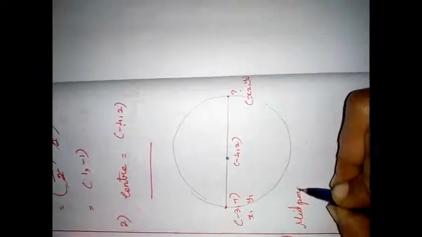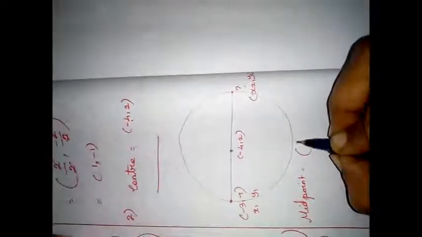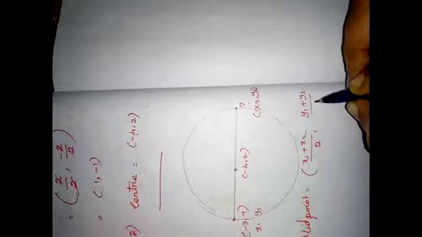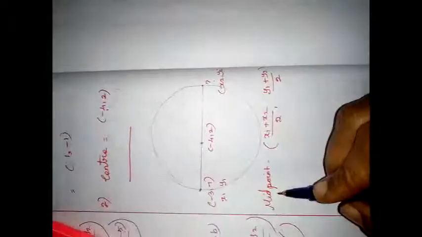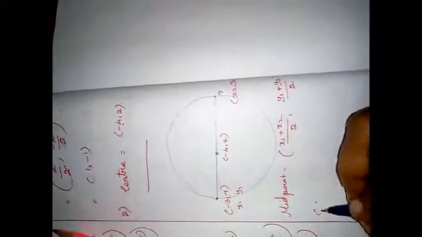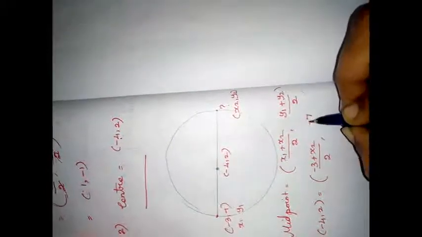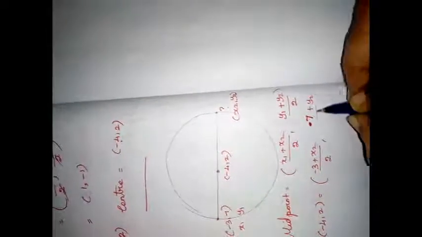The midpoint is ((x1 + x2)/2, (y1 + y2)/2). We know the midpoint value because (-4, 2), and x1 here is -3. We don't know x2, so I can write x2 here directly, and y1 is 7 plus y2 by 2.